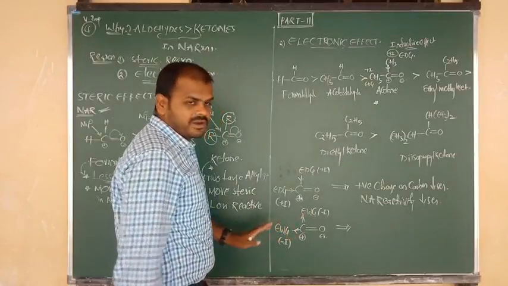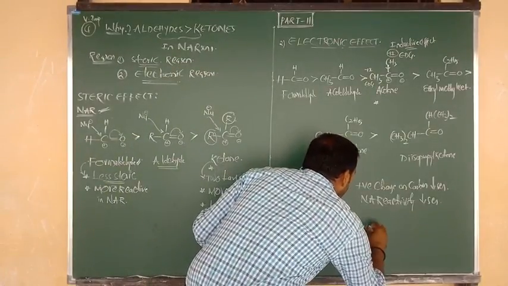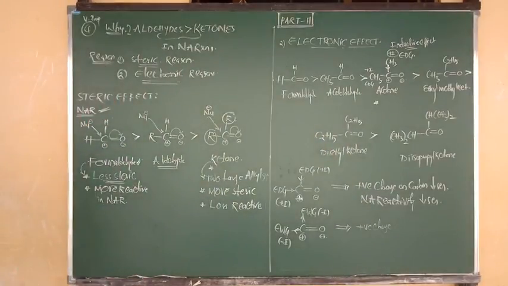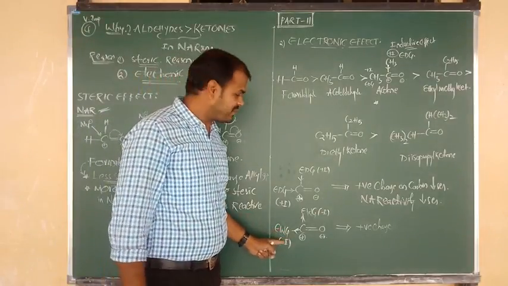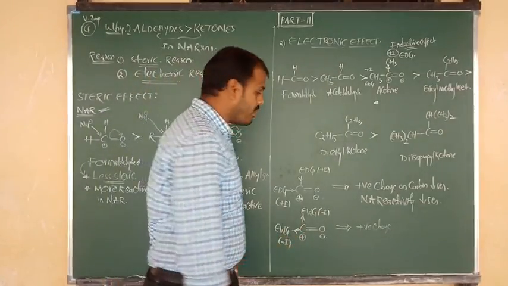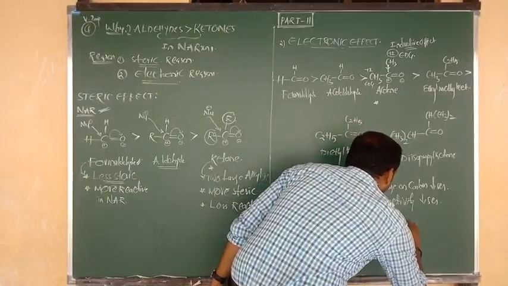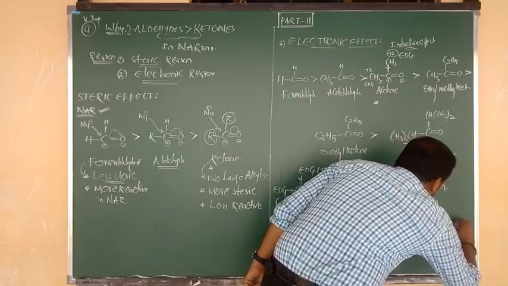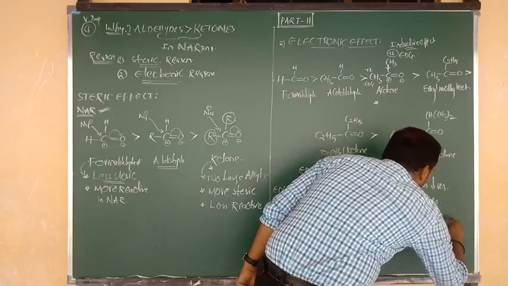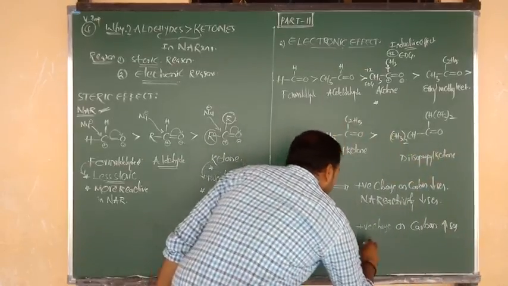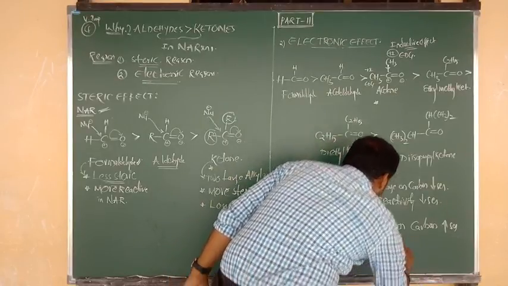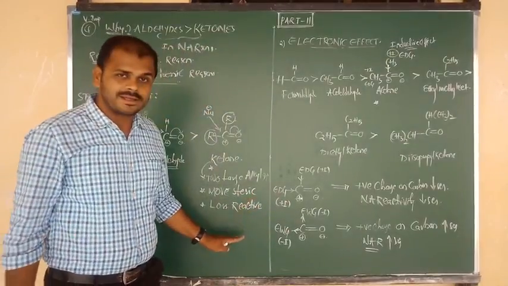So in presence of electron withdrawing groups, positive charge on carbonyl carbon, what, beta? Increases. That means nucleophilic addition reactivity also increases. I hope you understand this concept clearly.